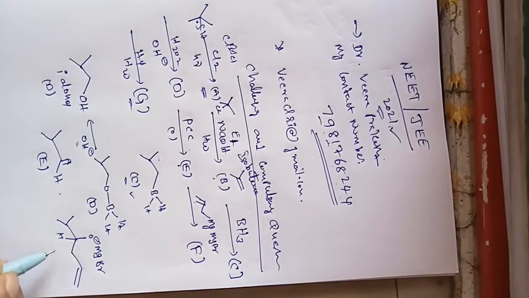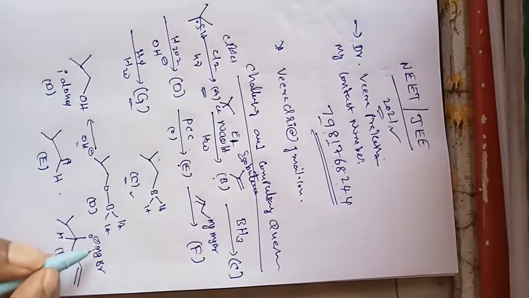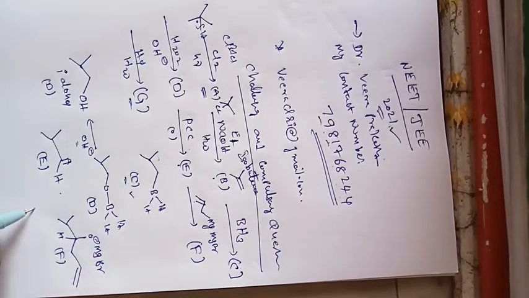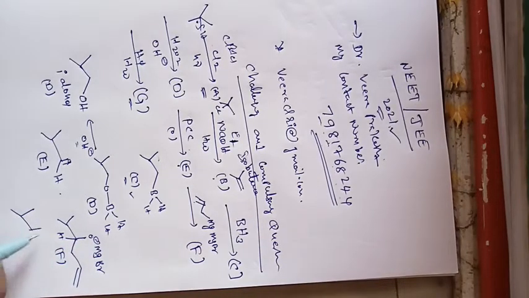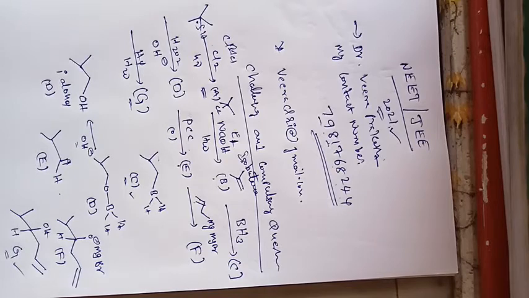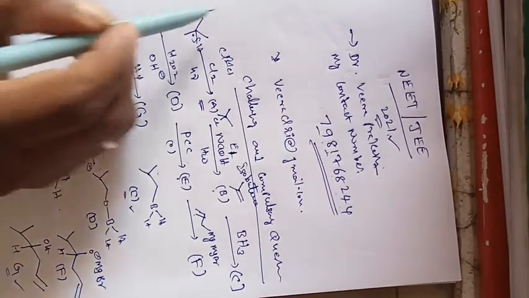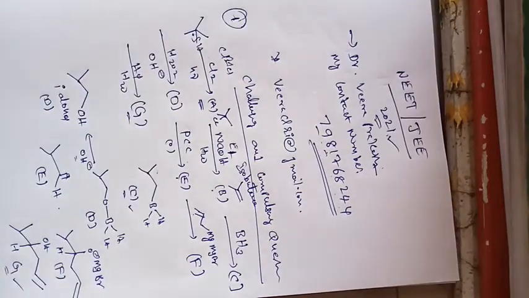So this is the G product. This is very important; you can see a lot of steps are involved in this conversion, and this is the first conversion.